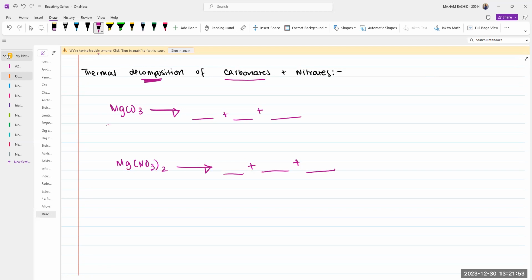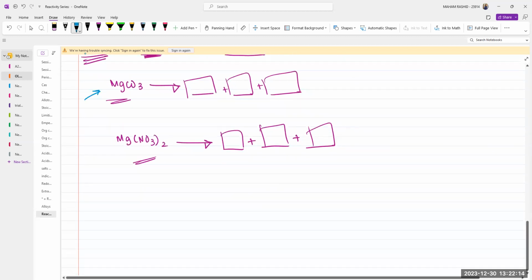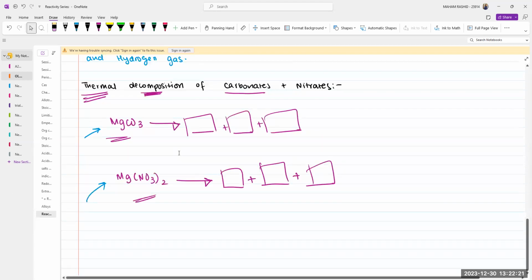So this will break down into other components, and our metal nitrate will also break down into other components. This will be due to heat, meaning thermal decomposition. So we provide heat to our metal carbonate and metal nitrate, and they will decompose due to the heat.